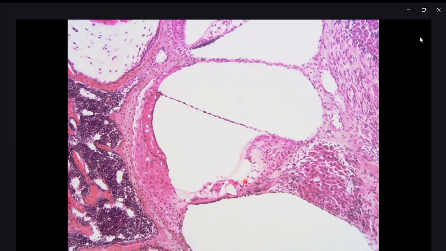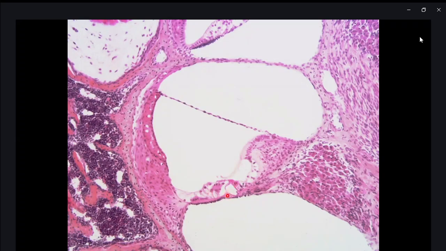So the organ of Corti comprises the following. Here we have the tunnel. This tunnel divides the organ into two parts, the inner part and the outer part of the tunnel.